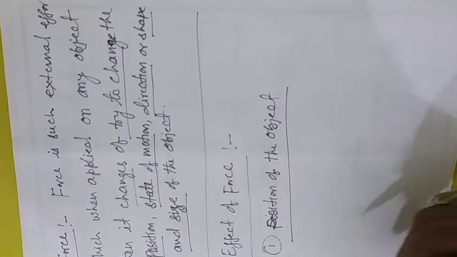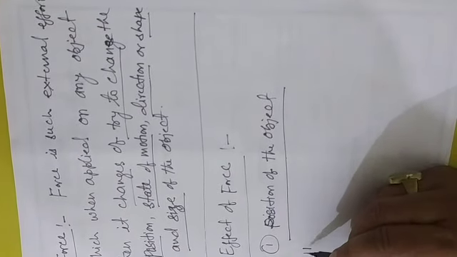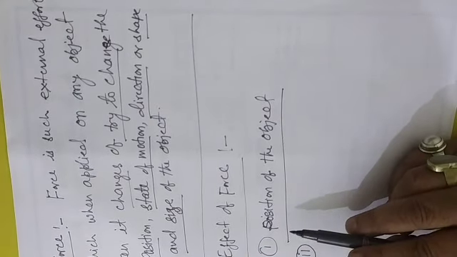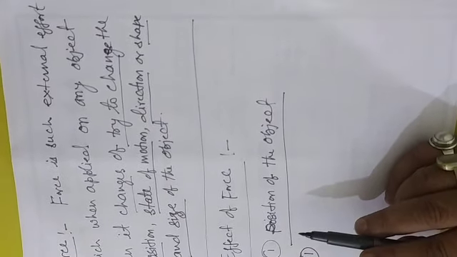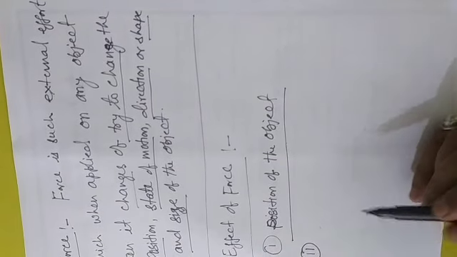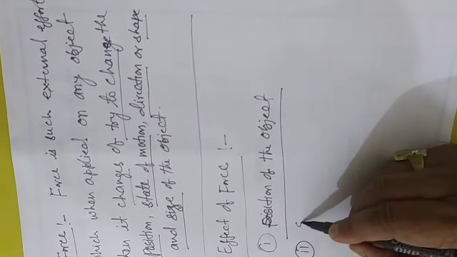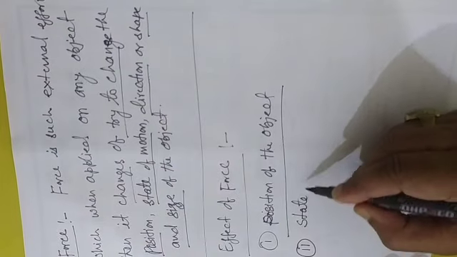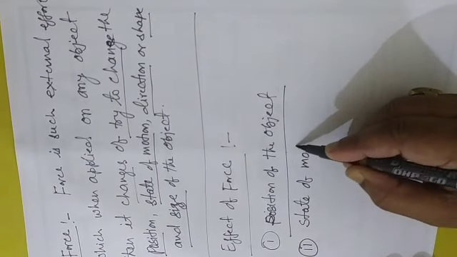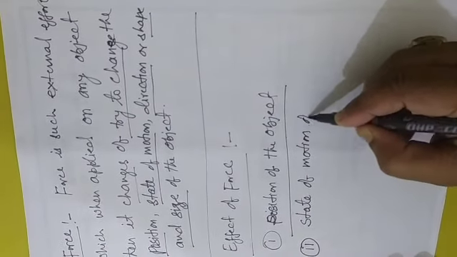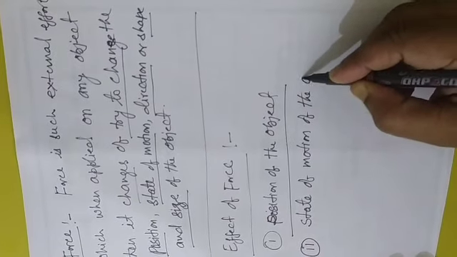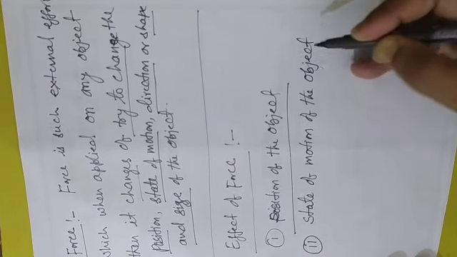So we can say that force can change the position of the object or try to change the position of the object. Now next is the state of motion of the object.